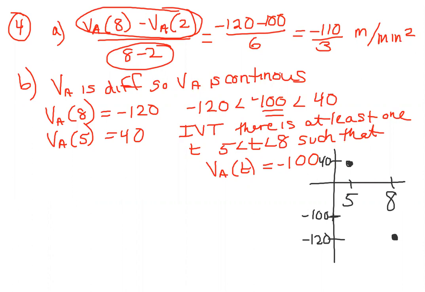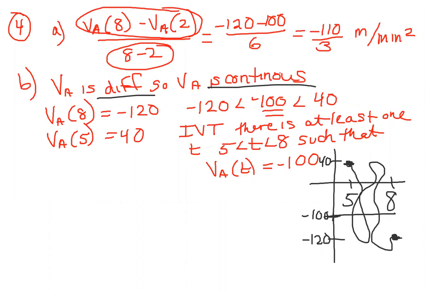Because this function is differentiable, it tells us it's continuous. There's no way that I can make a continuous function from this 40 to this -120 without it passing through -100. No matter what this function does in here, at some point, it's going to cross this line of -100. That's what the intermediate value theorem says. All right, let's look at C.